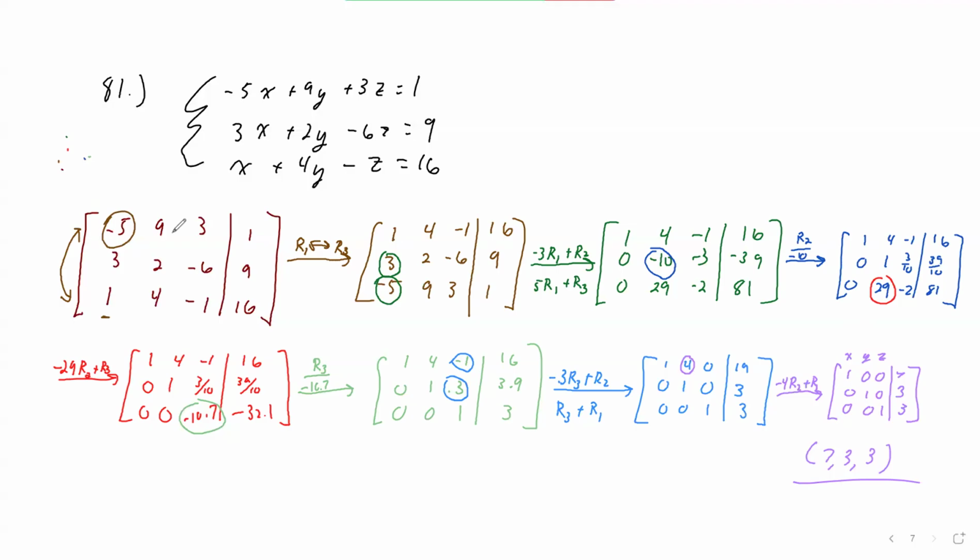But that process that I just did works every time. So let's do it again. Actually, we'll look at number 83. So we have x plus y equals 4. Y plus 3z equals negative 1. 2x minus 2y plus 5z equals negative 5.